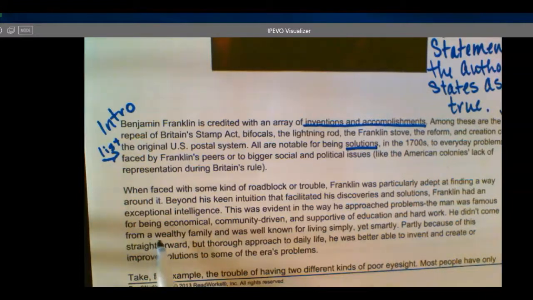The man was famous for being economical, community-driven, and supportive of education and hard work. He didn't come from a wealthy family and was well known for living simply yet smartly. Partly because of this straightforward but thorough approach to daily life, he was better able to invent and create or improve solutions to some of the era's problems.